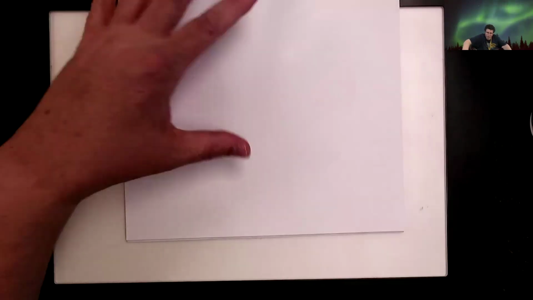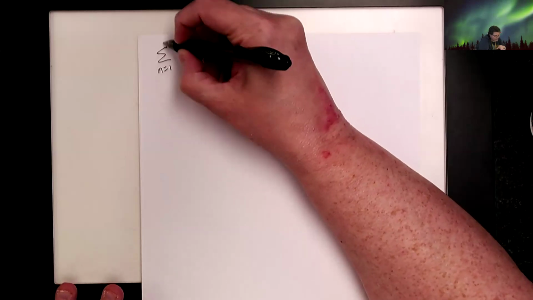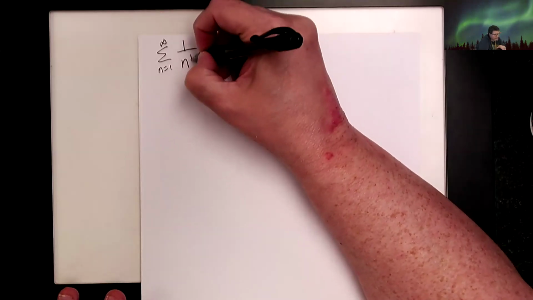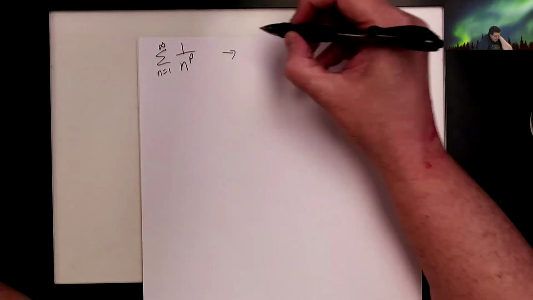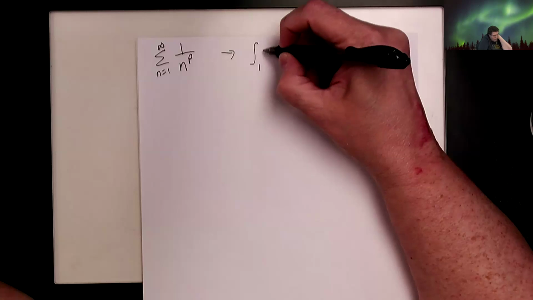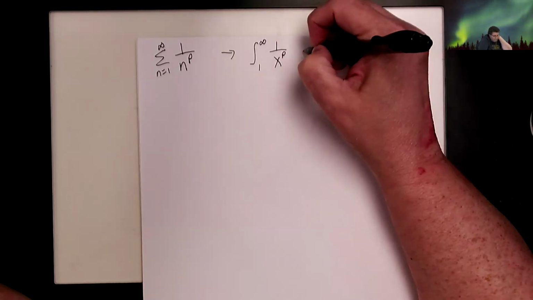Understood? Okay. So let's take a look at the sum of n equals 1 to infinity of 1 over n to the p. And we are going to relate this to the integral from 1 to infinity of 1 over x to the p dx.